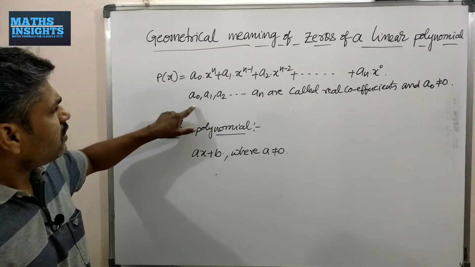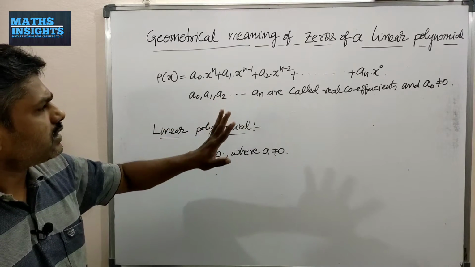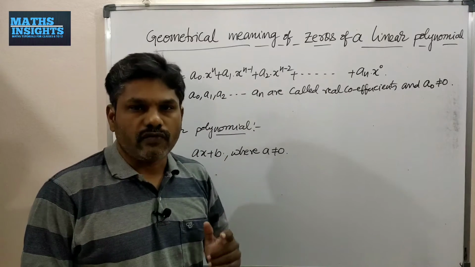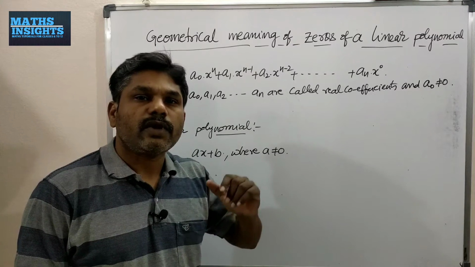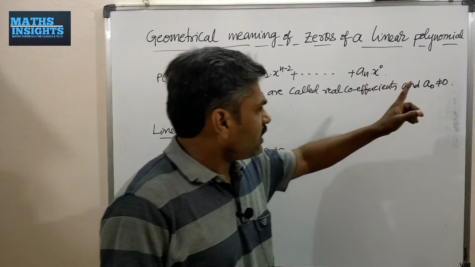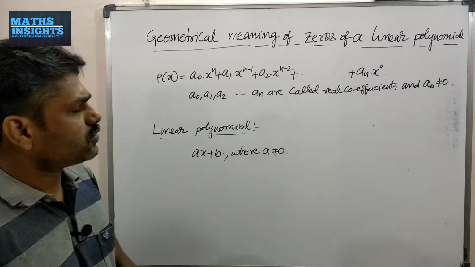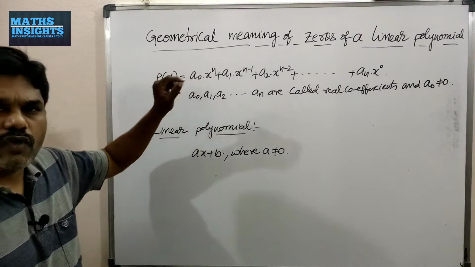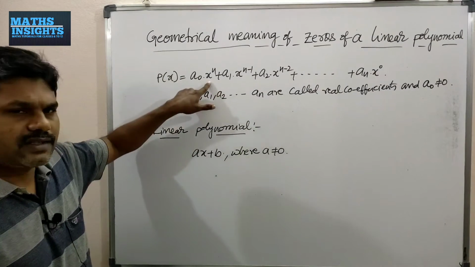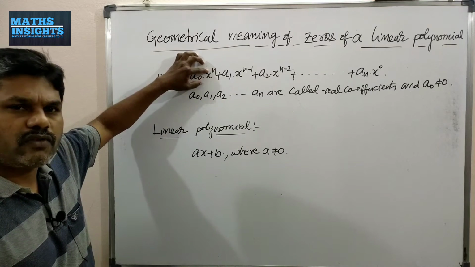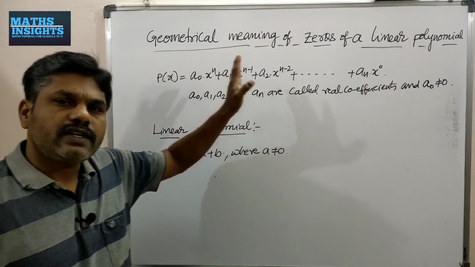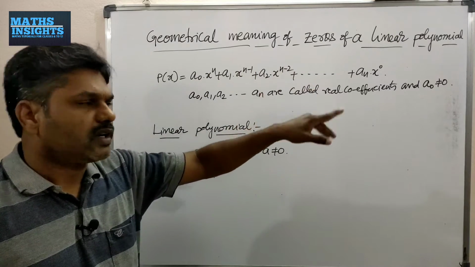Here a0, a1, a2 and so on an are called real coefficients. That means you are taking those constants from real numbers and a0 should not be equal to 0. Here the variable involved in the polynomial is x. See, you have to start x with its highest power. Then it will decrease 1 by 1 like that.